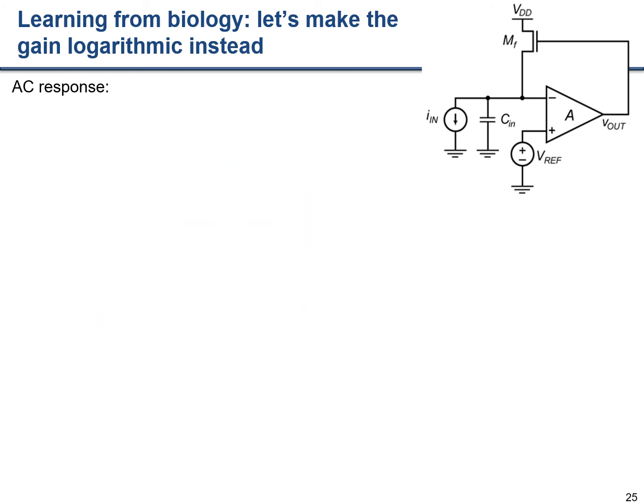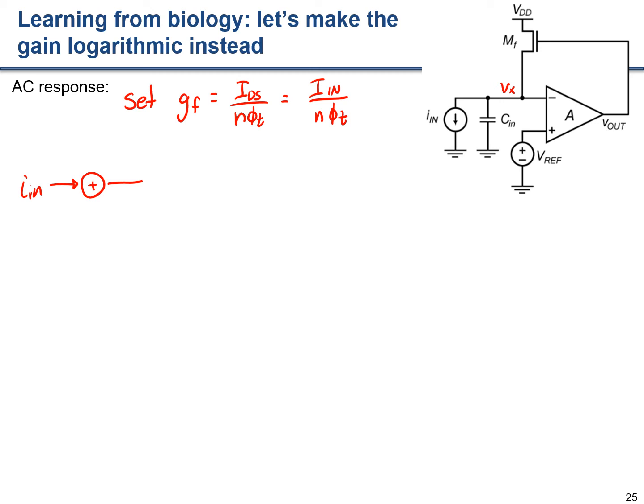So let's go ahead now and figure out the AC response. Now to do this, let's first set GF to be equal to IDS over n phi t, which is, in other words, equal to I in, DC value of I in over n phi t. Okay, so we have I in coming into this current summing node. We multiply by the driving point impedance at this Vx node here.